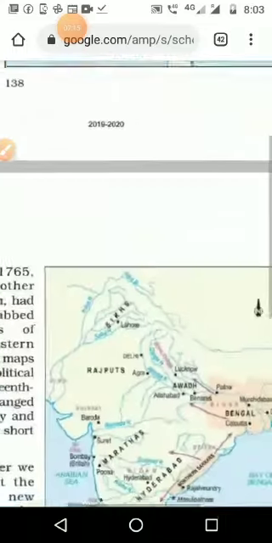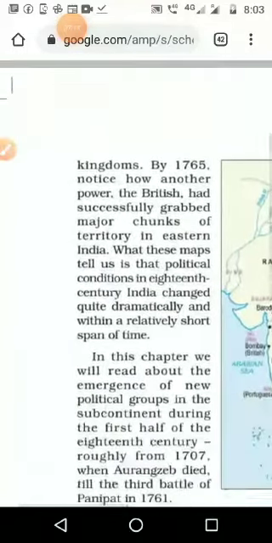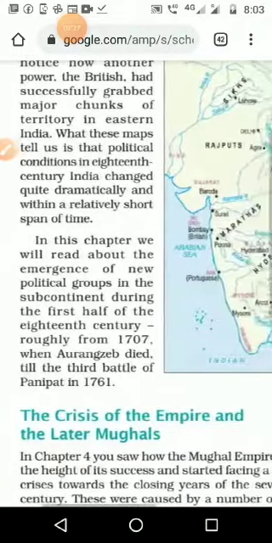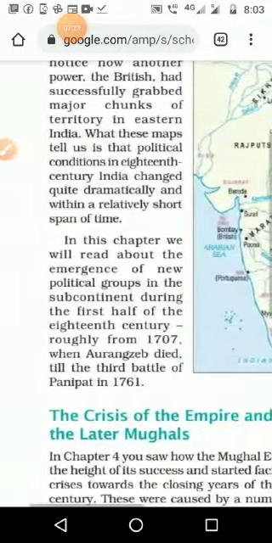If you look at the map, we can see the area with the light pink color was under the hands of the British people, and other areas came one by one, Marathas, Hyderabad, one by one taken by separate kings, or they became separate kingdoms. Because of that, the political and social situation of India changed drastically in the 18th century.